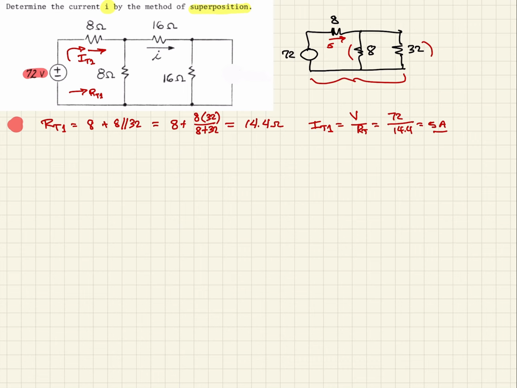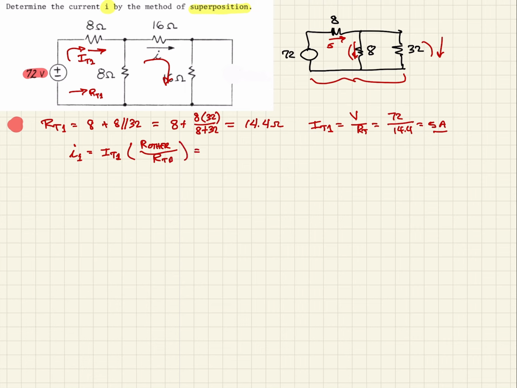So that means our I from the first source would just be equal to our I total from the first source times the other branch, which means the branch that we're not interested in. In this case, it's this 8 ohm branch, because we need to know what's going through the 32 ohm branch. That's what's going to be our I value here over the total for the branches.